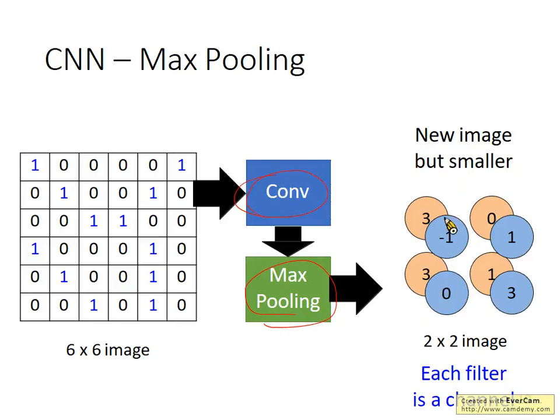So we can view this result as a new image, but smaller. Actually, this 2x2 image is a subsampled version of the convolution result. Okay, and we can view each filter as a channel, and for each channel, we can get a new image, and the dimension of this new image is even smaller than the dimension of the feature map.